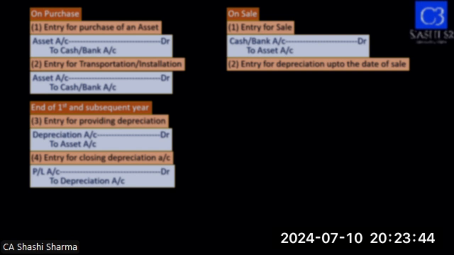Suppose in the 4th or 5th year, you have already used that machine for 6 months or 7 months. Then you have to pass the entry for depreciation for 6 or 7 months. Depreciation will be calculated for 6 or 7 months and the same entry will be passed as is visible on the left hand side, number 3.